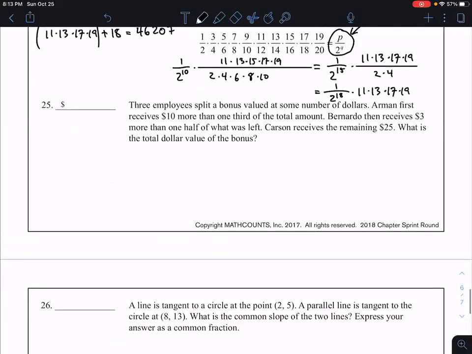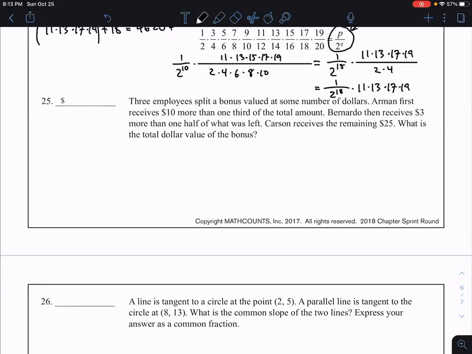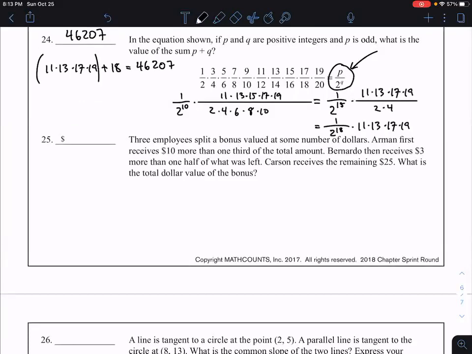Okay, 25. So 3 employees are trying to split a bonus, and we want to find out how much is the bonus. So we're going to first let T be the total value of the bonus.